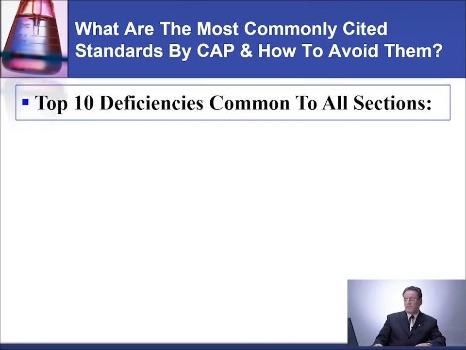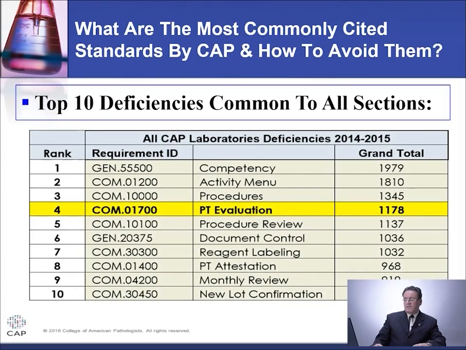So now we're going to talk about the most commonly cited standards by CAB and how to avoid them. There are 10 top deficiencies common to all sections.